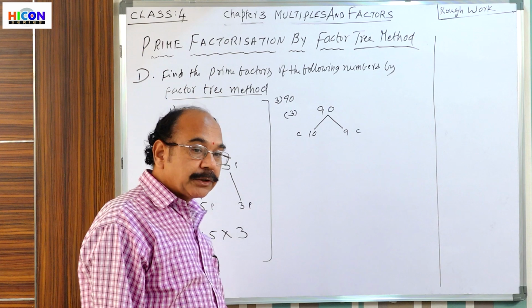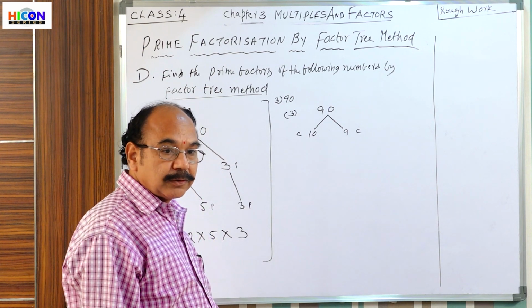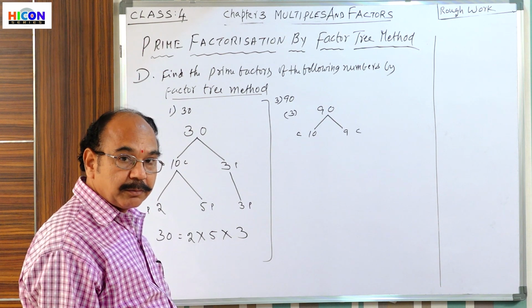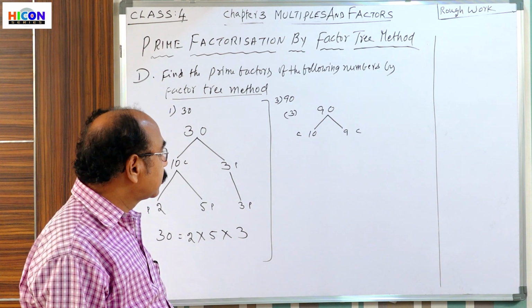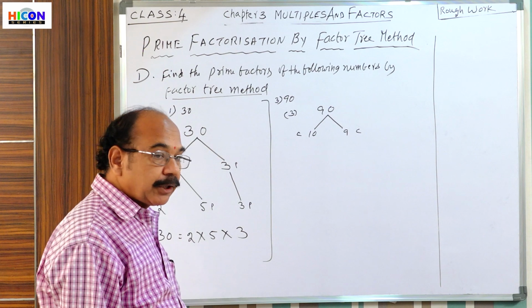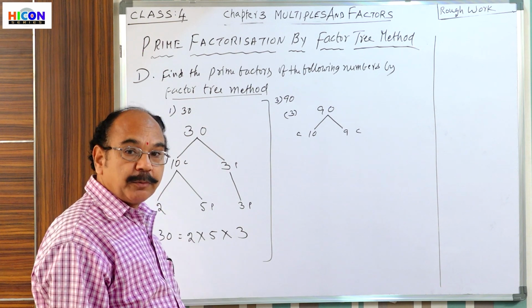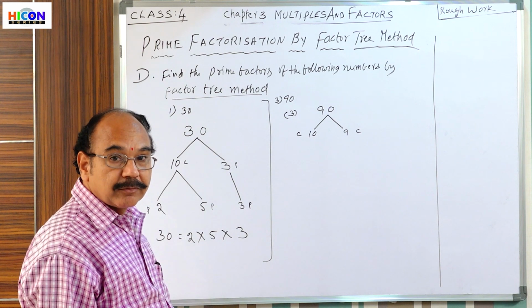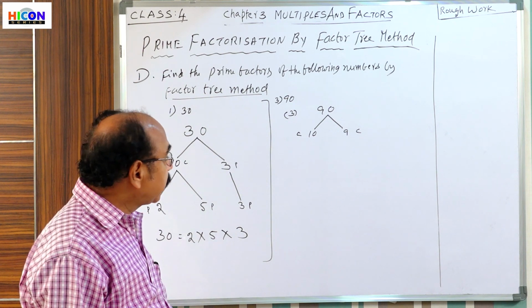The composite numbers can be broken into prime factors. Now we break 10.